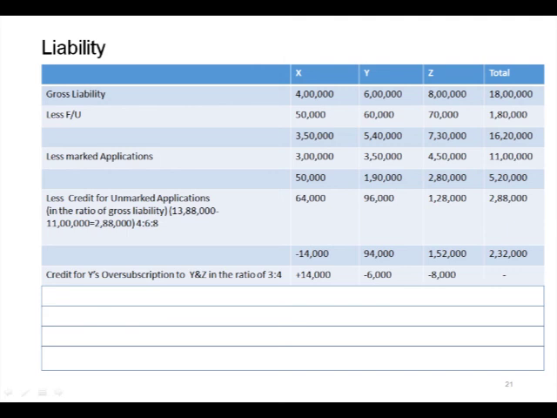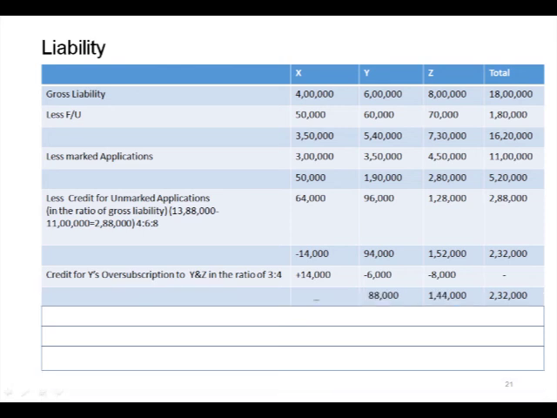So in case of X this would be 14,000, in case of Y this is 6,000 minus, and Z minus 8,000. The remaining liability would be, in case of X it would be nil, and in case of Y it is 88,000, and Z 1,44,000. Total is 2,32,000.